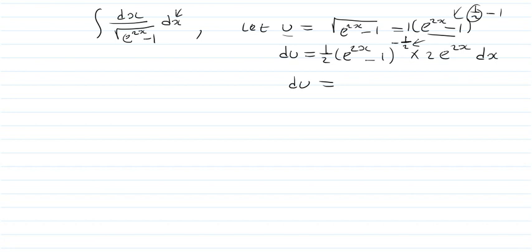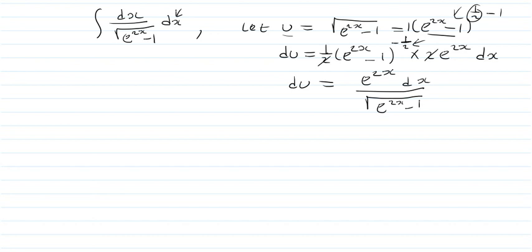Then since we have a 2 here, we can cancel it out with this 2. So finally we're going to have e^(2x) dx over the square root of e^(2x) minus 1.